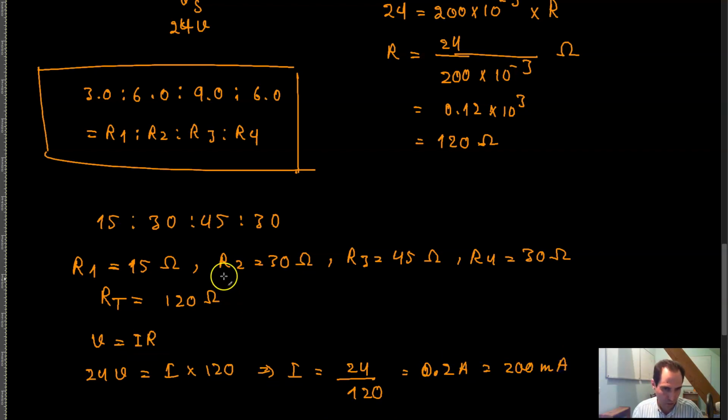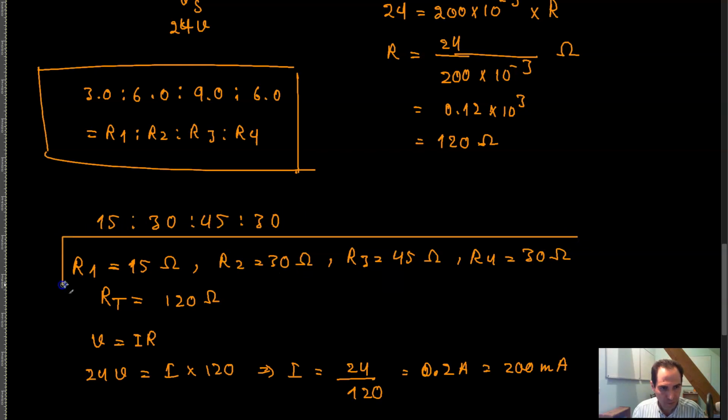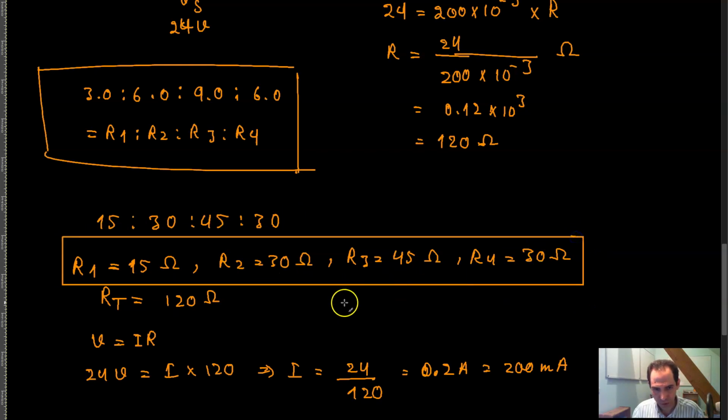You can still go a little bit higher and multiply each of these numbers by a factor of 6, for example, in which case your current will come a little bit lower, right? So these are the resistor values that we have chosen, and as far as the current is concerned, the values work.